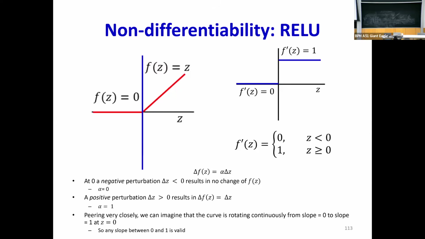Which means that every one of those slopes is valid at that point. That makes sense to you guys? You can use pretty much any slope between 0 and 45 because you can think of the line as instantaneously rotating, right? That's an arbitrarily precise approximation. And so you can use any derivative between 0 and 1 as the derivative at that point.